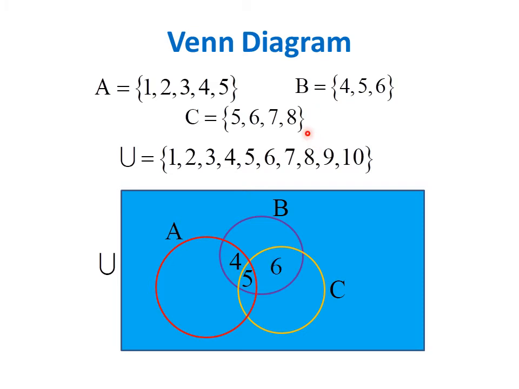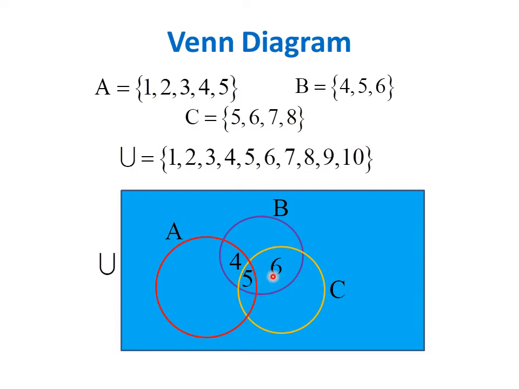Next we consider the common elements of B and C, or the intersection of B and C. Do we have any? Yes, we have 5 and 6. But 5 is already in the intersection of the three sets.